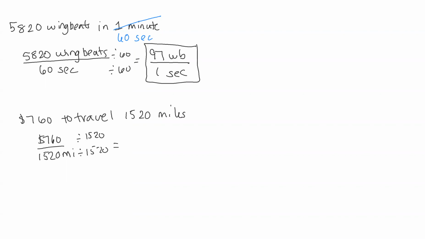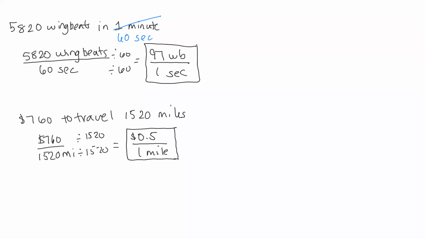And let's see, 760 divided by 1,520 is 0.5. So that tells us it's 50 cents per mile for whatever kind of traveling you're doing.